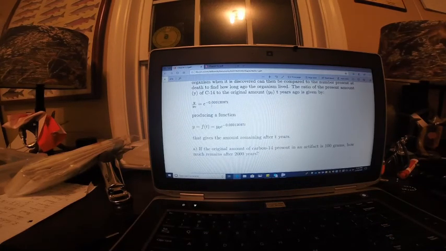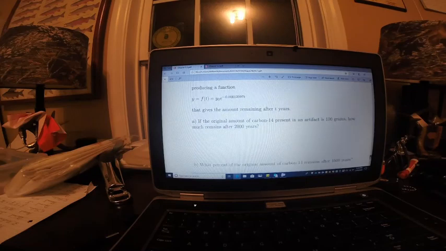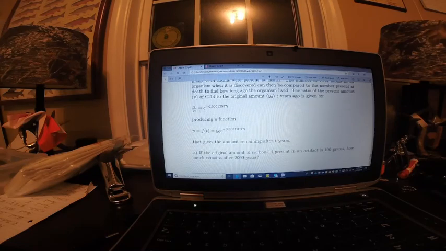So if I want to figure out what percent of the original is left after this 4,500 years, I don't know what y naught is for B. So what I'm going to do is just plug 4,500 into this piece right here, and it'll give me that ratio or that decimal that can be converted into a percent of what's remaining.